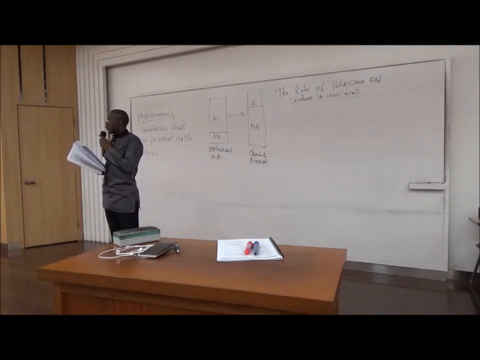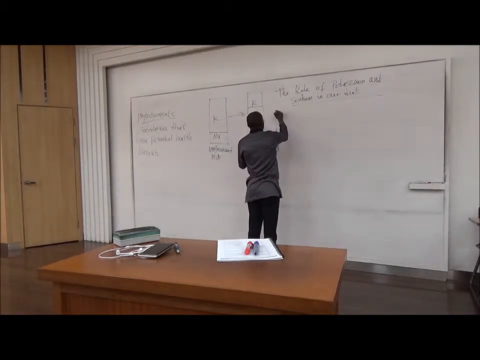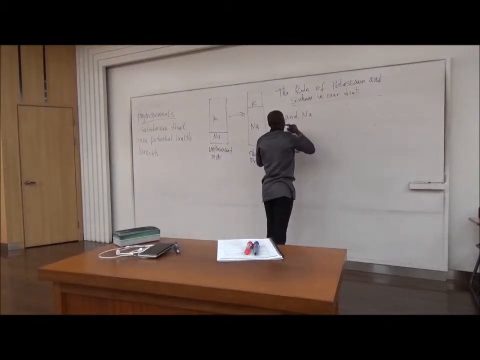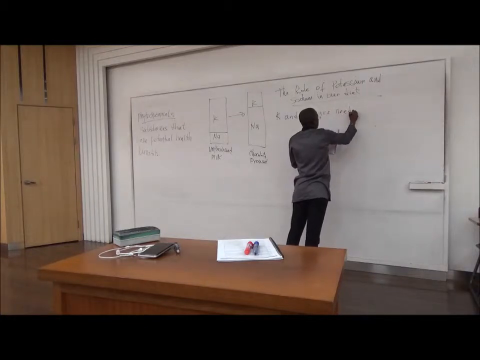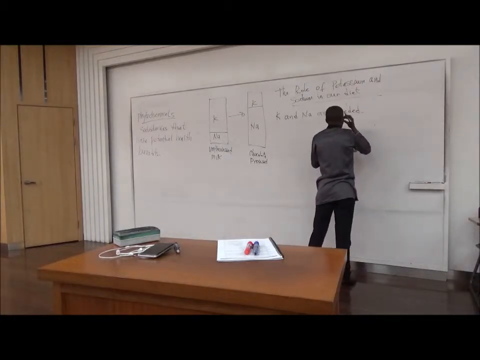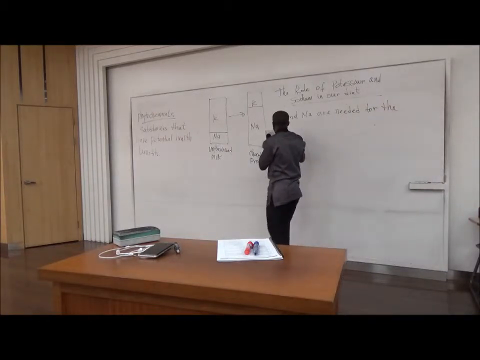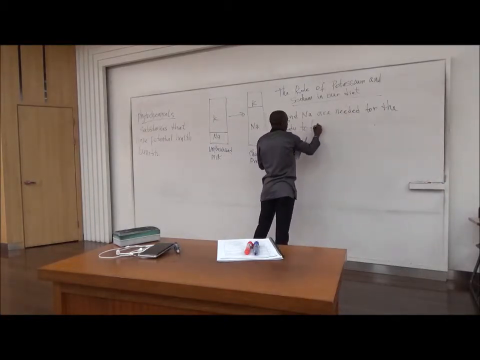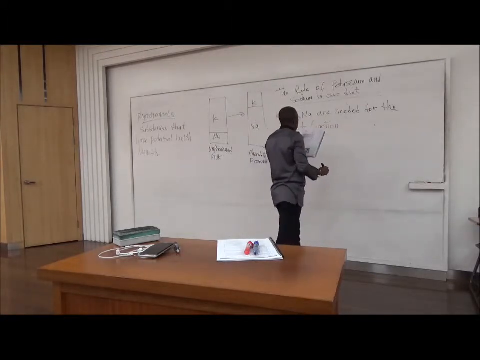We need them for the body to function. So we have potassium and sodium. They are needed for the body to function normally.